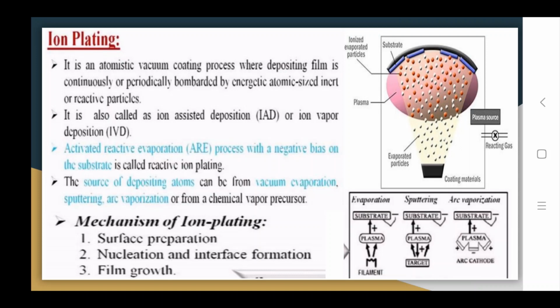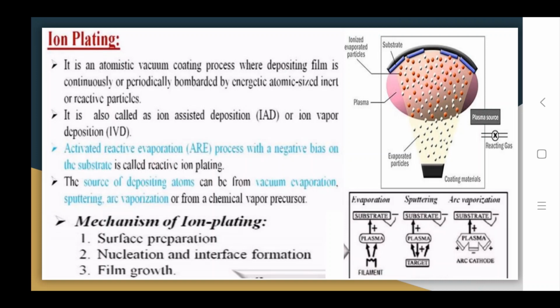So it depends upon the source we are going to use. Using different sources, it has different nomenclature. The source of depositing atoms can be from vacuum evaporation, sputtering, arc vaporization, or from a chemical vapor precursor. So there are certain mechanisms available.